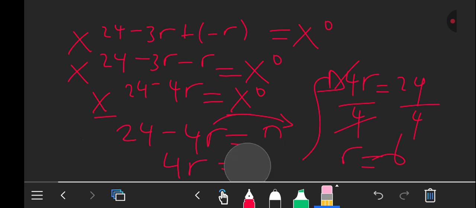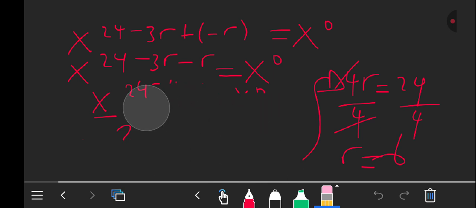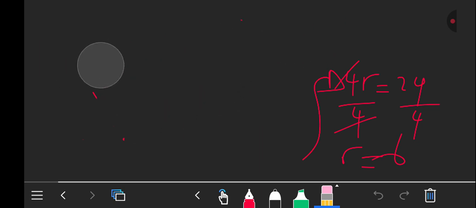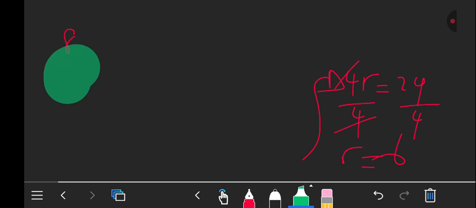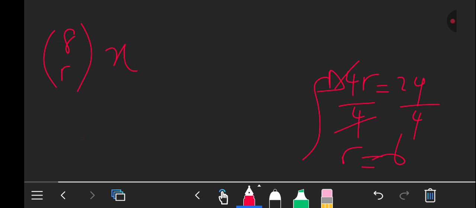so I can go back now to the formula and substitute at the point where I didn't have the value of r, where there was r. So it was 8 combination r, our a was x raised to the power 3, then this was n to the power n minus r, so it was 8 minus r.